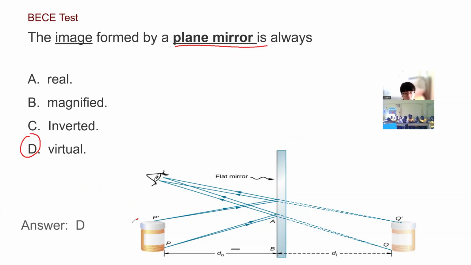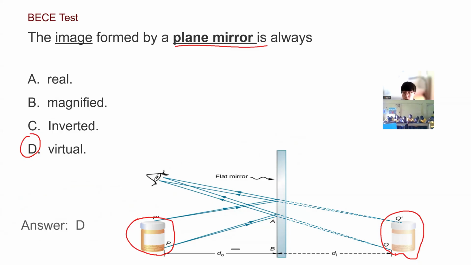So remember, if we have an object over here and it bends off a plane mirror, then we see that the object looks like it's over here. But that does not exist. And that happens because light doesn't converge at a point with a plane mirror.